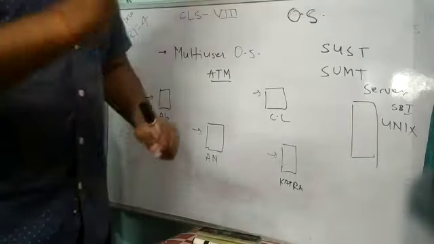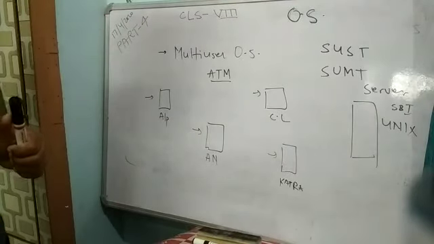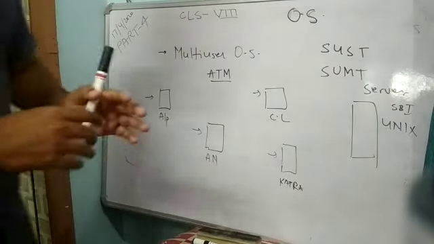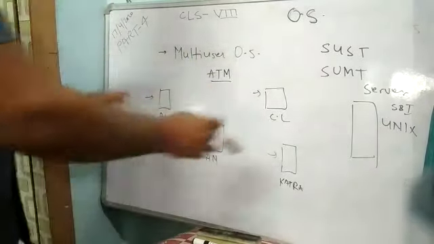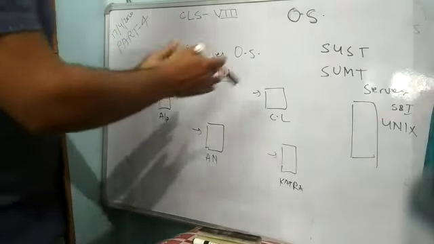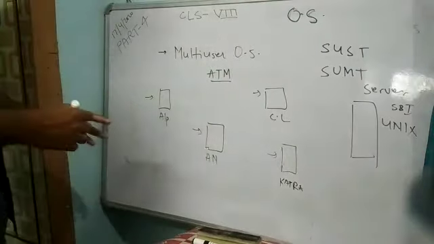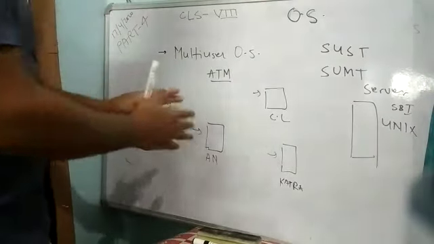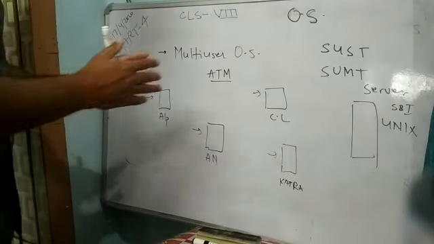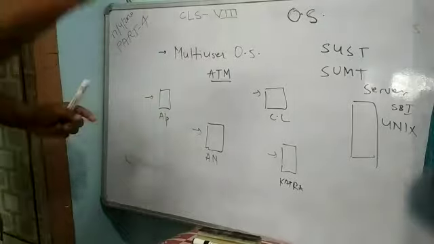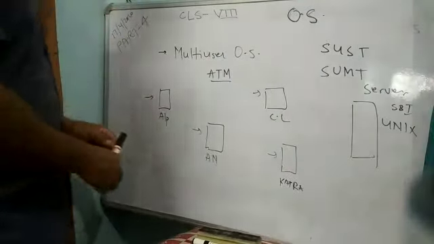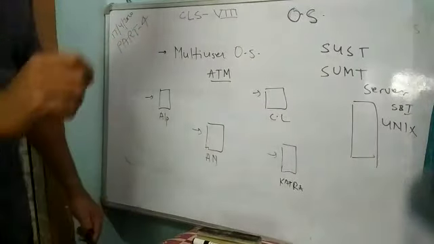This is the benefit, but there is one disadvantage of the multi-user operating system. Work goes on very easily, and no user has to wait for another user. They are working at the same time, but all the ATMs of the SBI are connected with a common server.